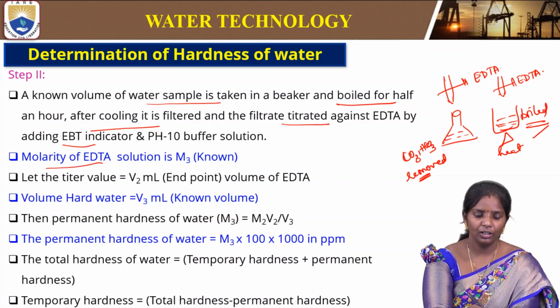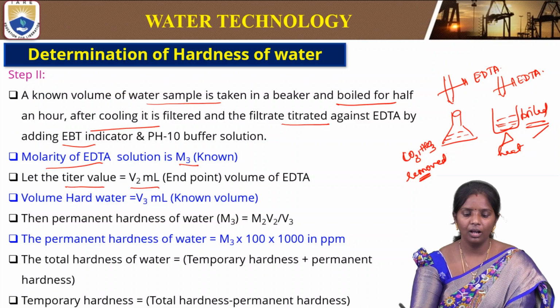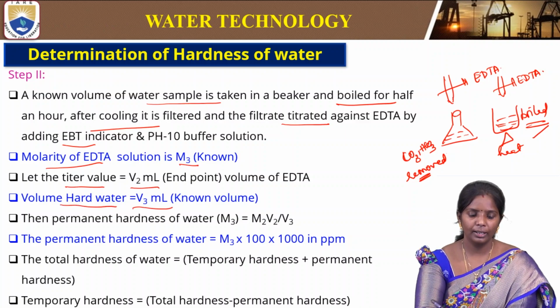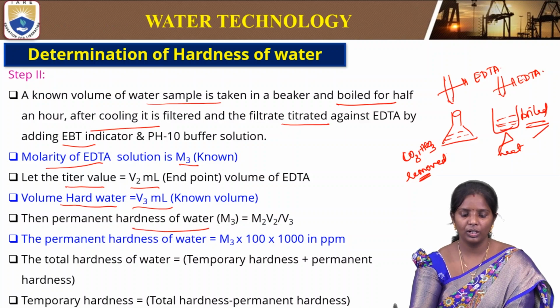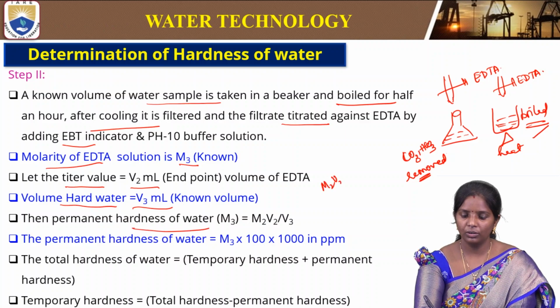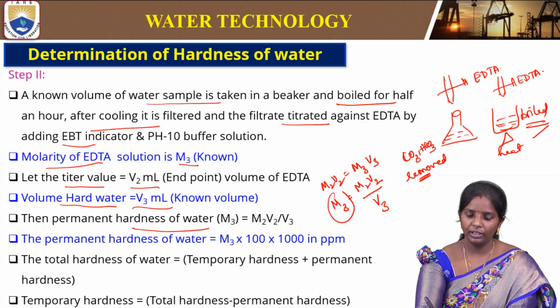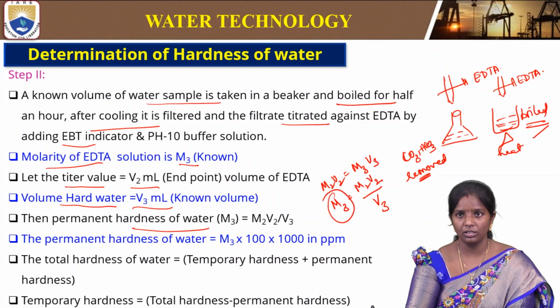If the molarity of EDTA is M2 and the titer value is V2 ml, and the hard water volume is V3 ml, then M2 V2 is equal to M3 V3, so M3 is equal to M2 V2 by V3. That is how we get the concentration of hardness causing salts from this titration.